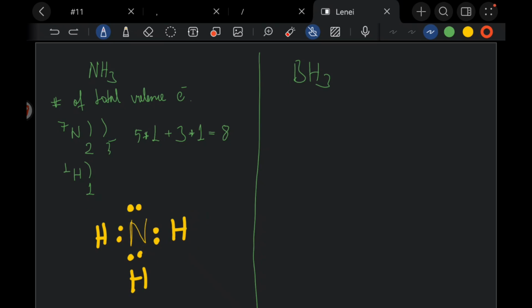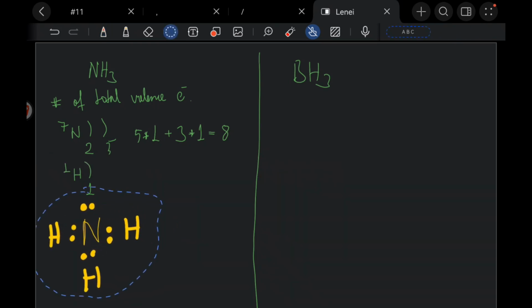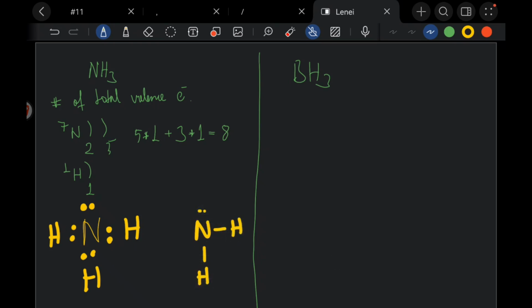So this is the correct Lewis structure, and some people prefer to use bonds instead of electrons, and I am one of them. I generally prefer to write a Lewis structure for an ammonia molecule something like this. So a bond represents 2 electrons.